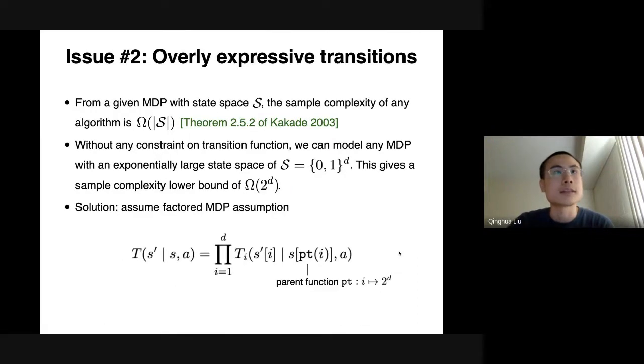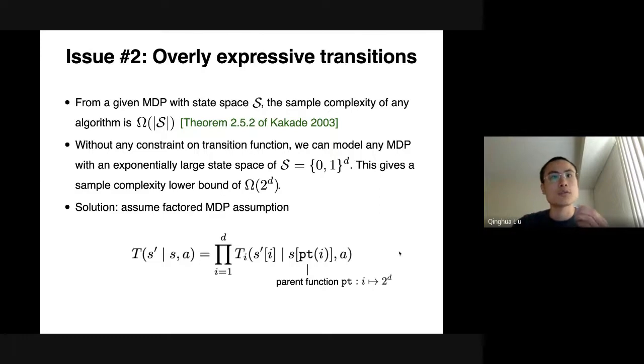And the second challenge is the transition dynamics can be overly expressive. We know in the worst case, learning an MDP requires sample complexity linear in the size of the state space. This is a classic result already known. Without posing any constraint on the transition function, we can model any MDP as a factored MDP, and we can show the sample complexity lower bound 2 to the d is unavoidable.